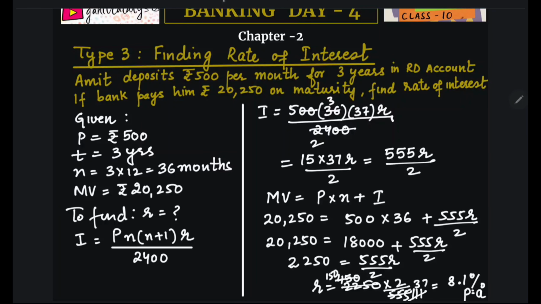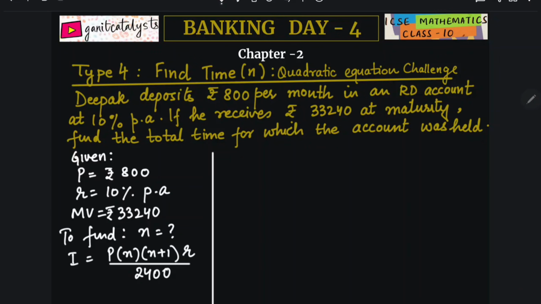Find time and quadratic equation challenge. This is the ultimate boss battle of the chapter because n multiplies by n plus 1 in the formula and you will get a quadratic equation. Question: Deepak deposits rupees 800 per month in an RD account at 10% per annum.